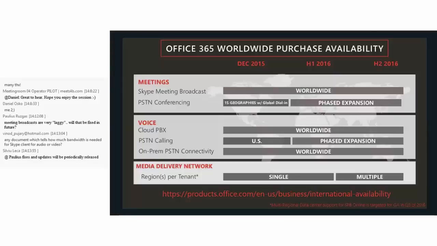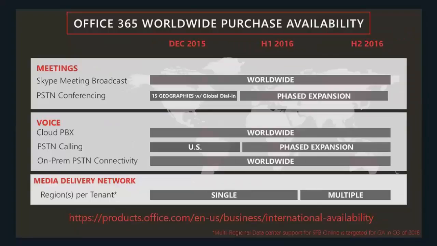For example, if you have some offices in Germany, then you would use Skype for Business Online from the servers hosted in EMEA. But if you also have users in the US, those users would basically use the Skype for Business Online infrastructure that is hosted in a data center in the United States. And this is also something very interesting for bigger customers.